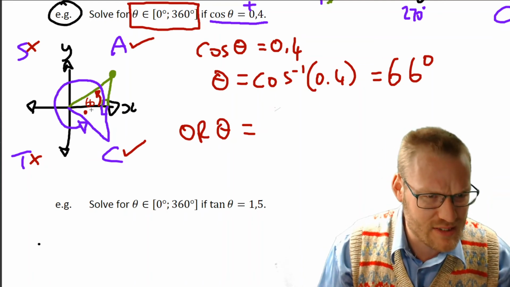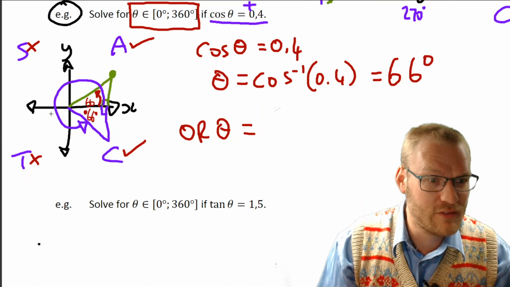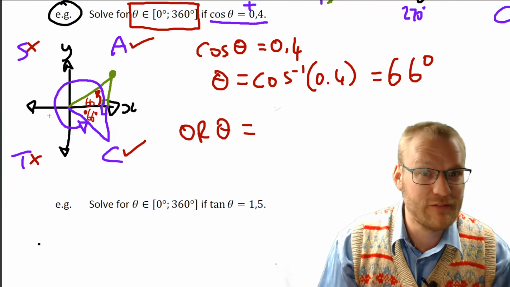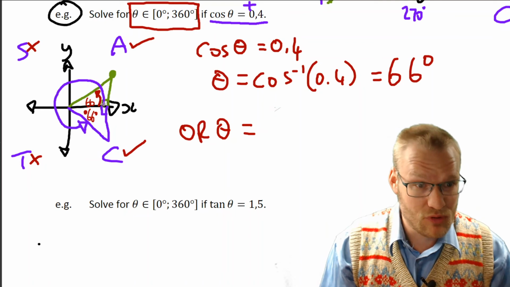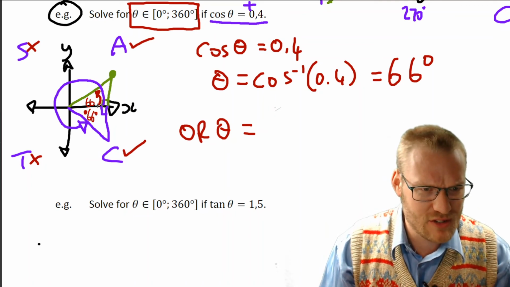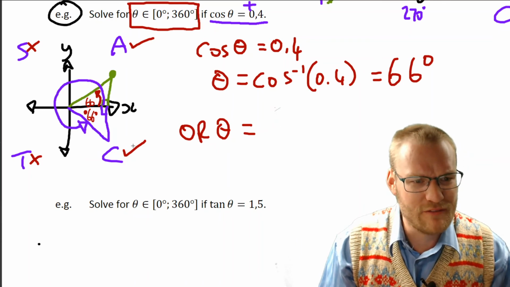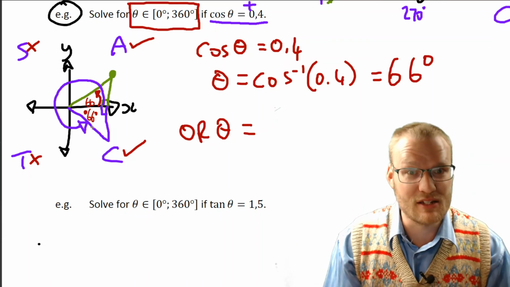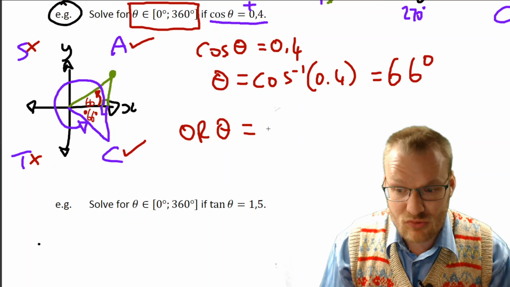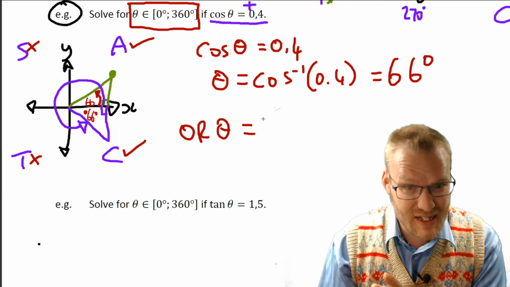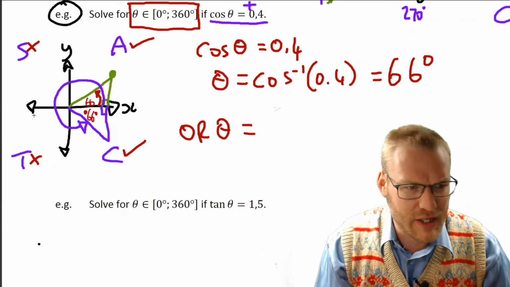It must also be 66. So if that's 66, how many degrees is a full revolution? 360. So if it's 360 and this bit is 66, then what is our second value of theta?